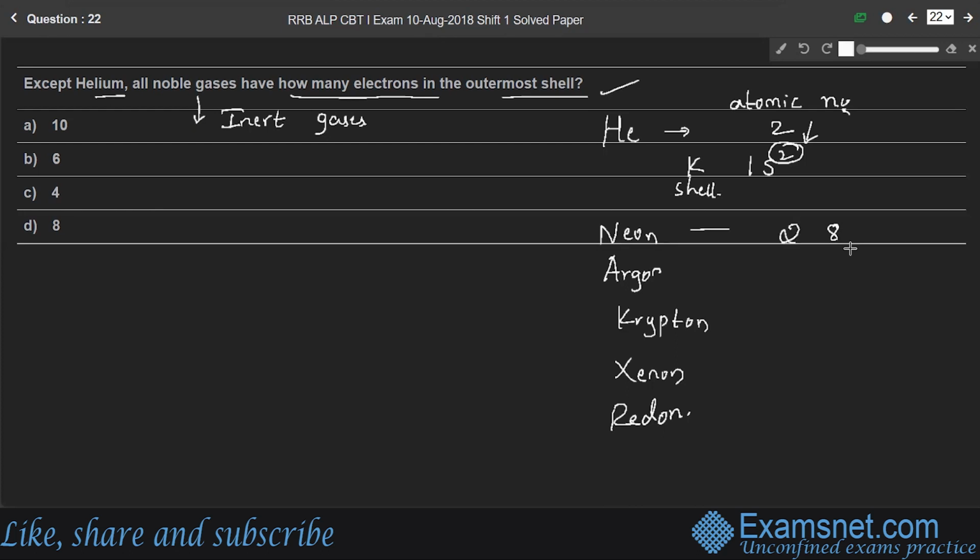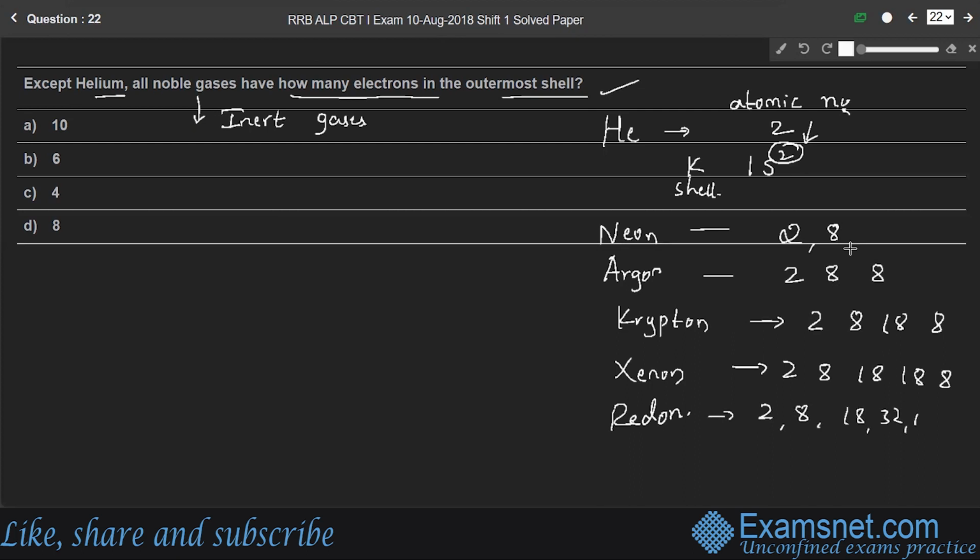Whereas the electronic configuration of neon is 2, 8, so its atomic number is 10. Argon has electronic configuration 2, 8, 8. Krypton has 2, 8, 18, 8. Xenon has 2, 8, 18, 18, 8. Next comes radon, which has 2, 8, 18, 32, 18, and 8.